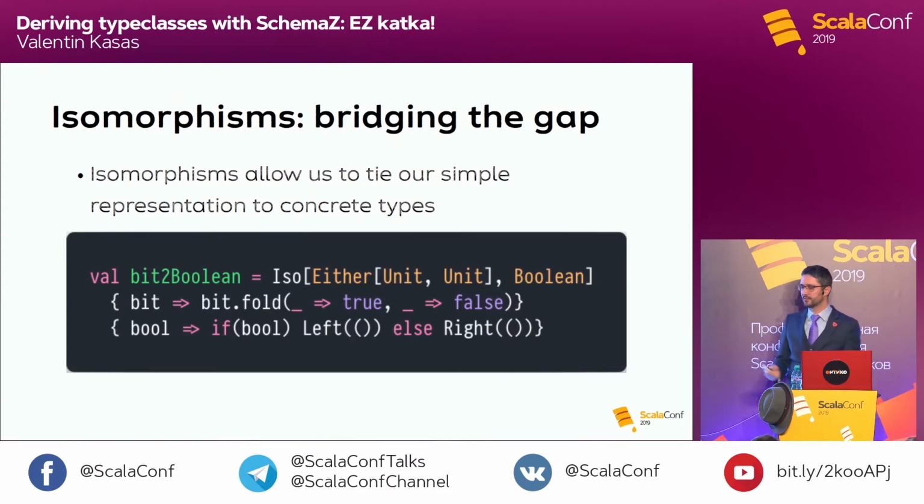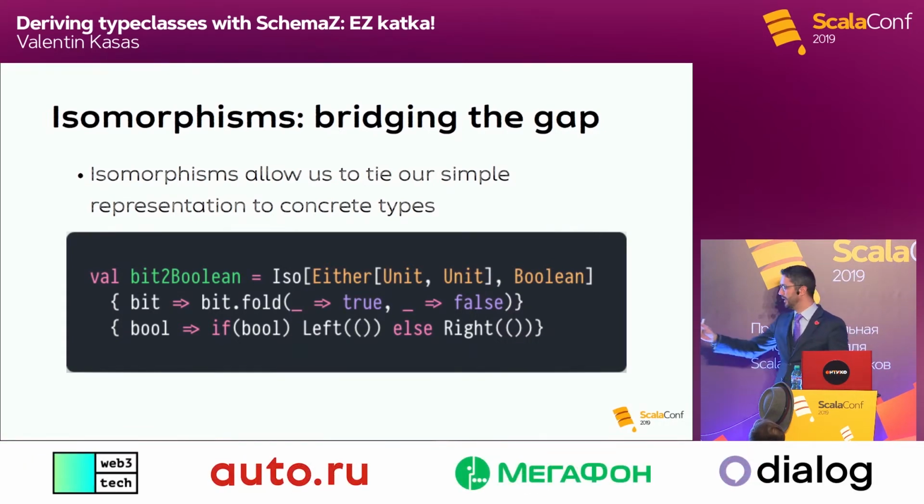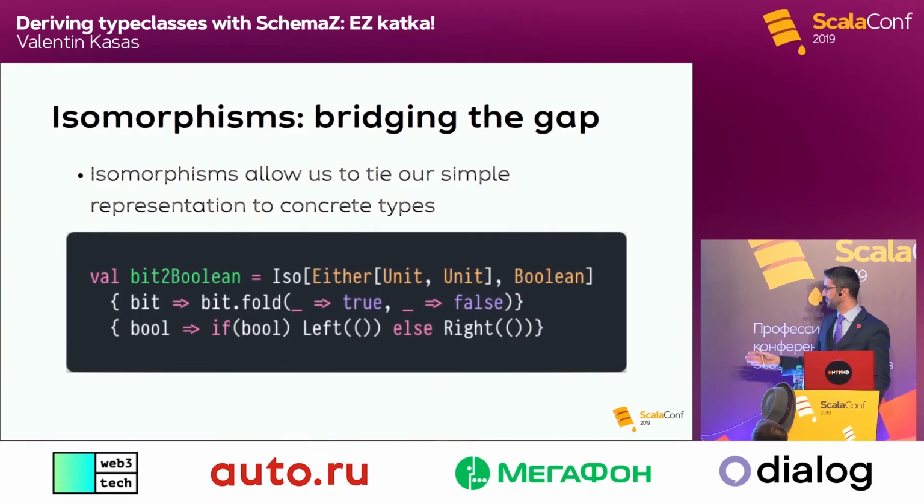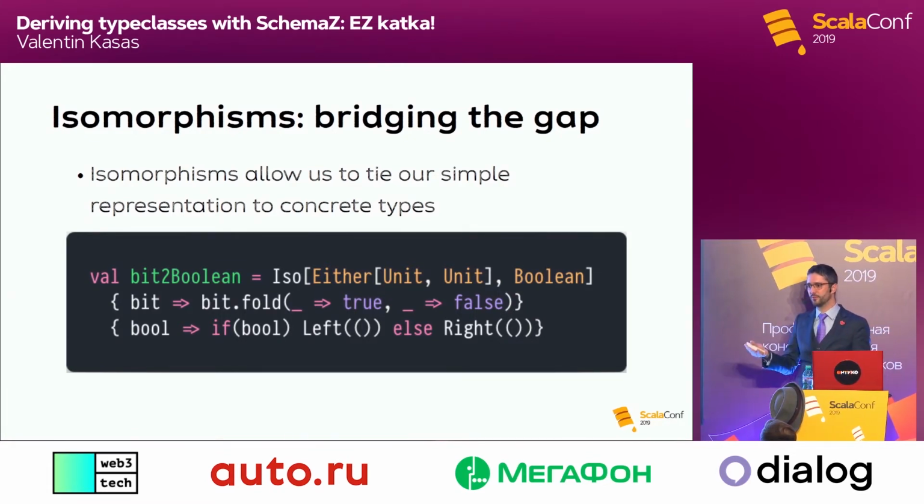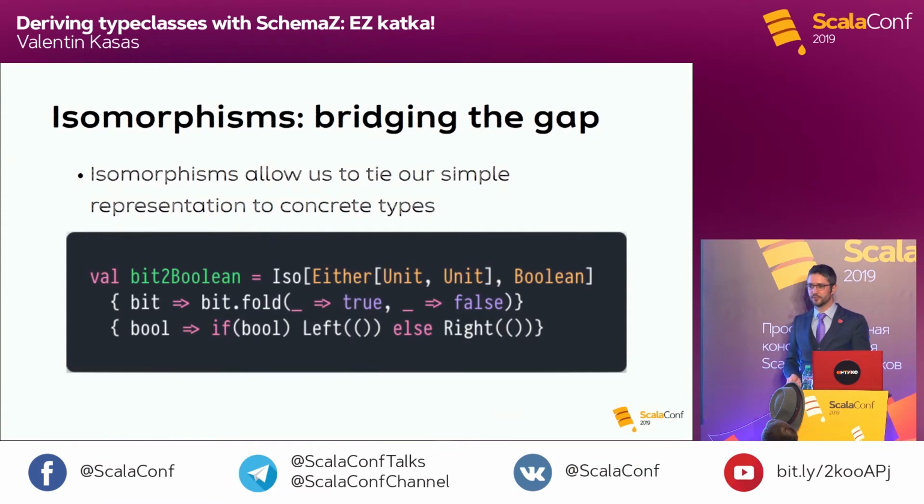So if I get a bit, which is either unit, I decide, for example, that left is true and right is false, and I can go from either unit to my boolean. And the other way around, if my boolean is true, I return left of unit, and if it's false, I return right of unit.